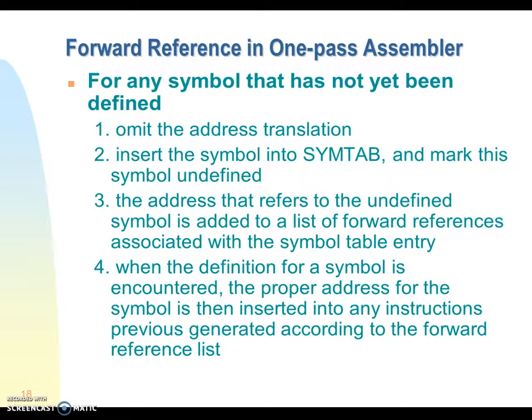Now, forward referencing in a one pass assembler. For any symbol that has not been defined, if the assembler encounters a forward referenced symbol in a statement, it omits the address and inserts the symbol into the symbol table, marked as undefined. When the definition of the symbol is encountered, the proper address for the symbol is then inserted into any instruction previously generated, according to the forward reference list.